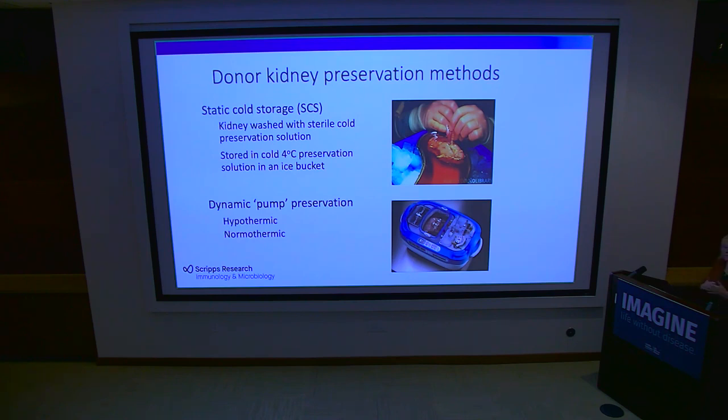And normothermic is a more experimental way to do this. But this pump is a really nice way to isolate the kidney and study it outside of the potential donor and downregulate things at that time.